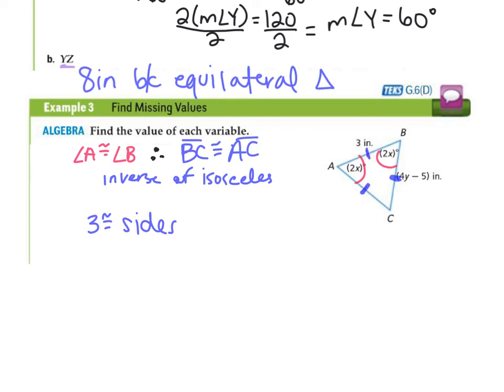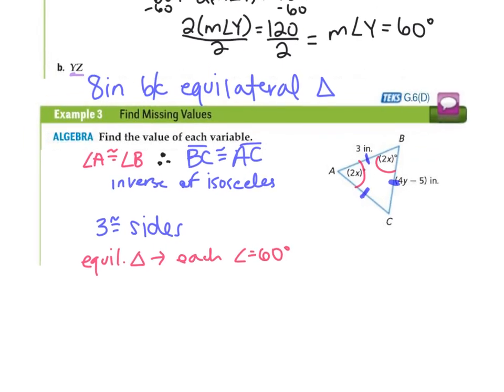Okay? And then last but not least, knowing what we know about equilateral triangles, how many degrees is each angle? Well, in an equilateral triangle, each angle again is 60 degrees.